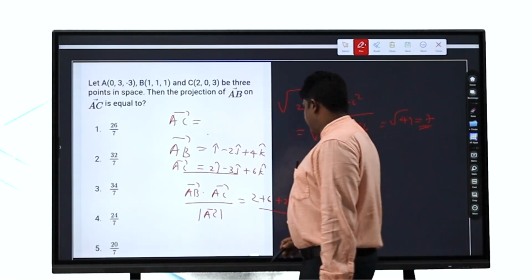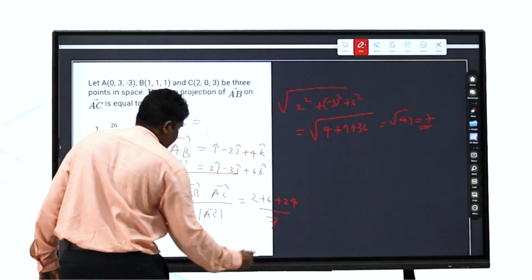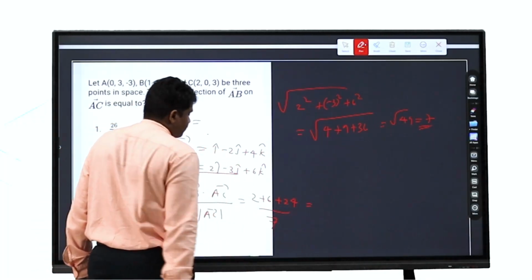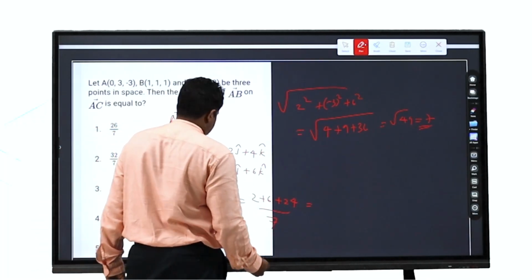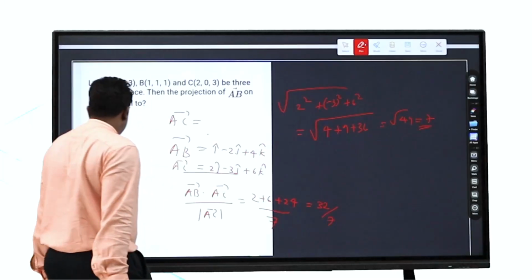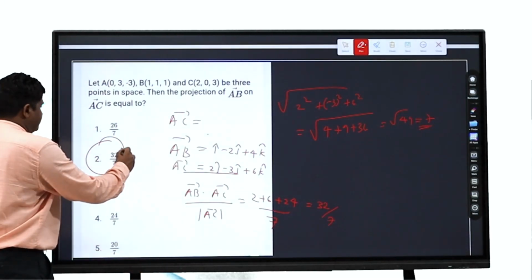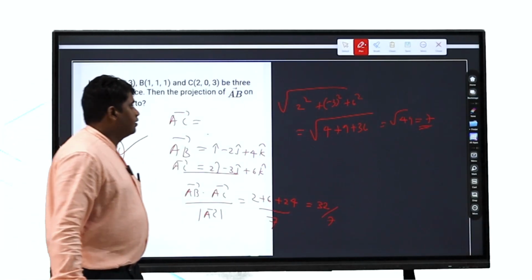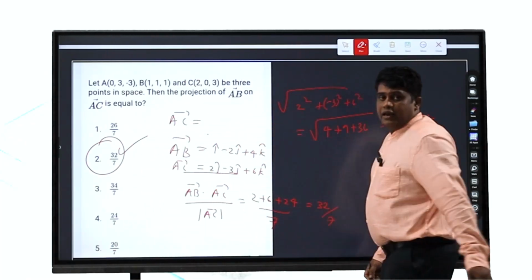Then you will get 7 here. 2 plus 6 is 8, 8 plus 24 is 32. 32 by 7. Yes, option B is correct, 32 by 7. Okay, let's move.